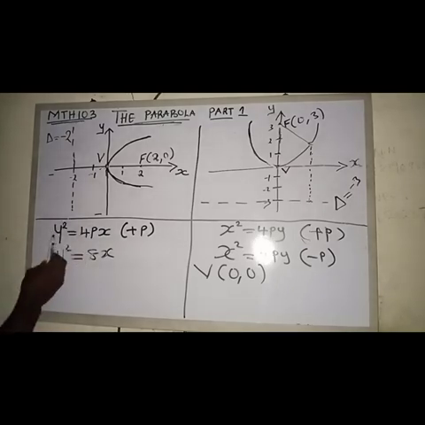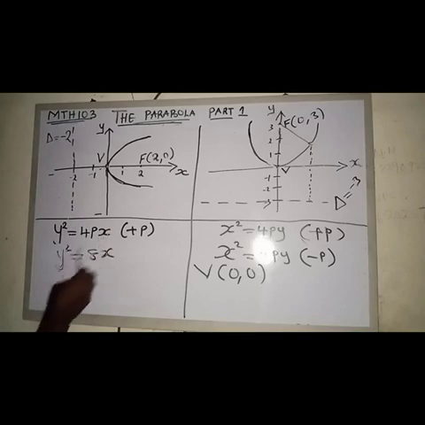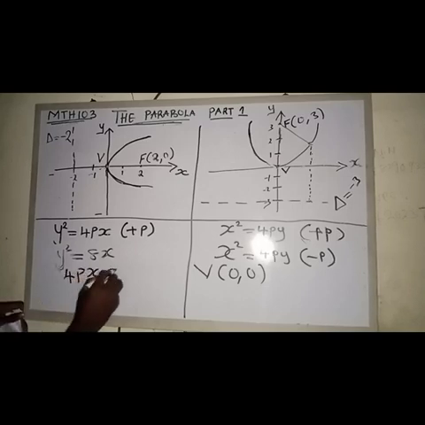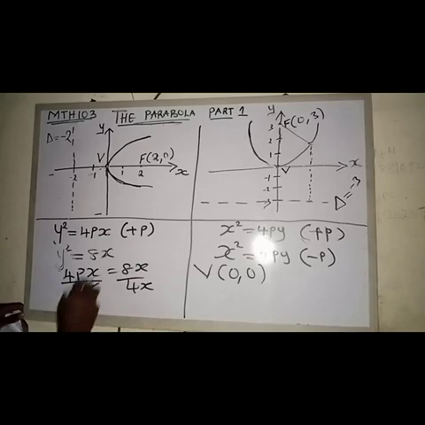If y squared is equal to 4px and y squared is equal to 8x, then 4px is equal to 8x. Divide both sides by 4x, making p the subject of the formula. x cancels x, 4 cancels 4, and we have p is equal to 2.